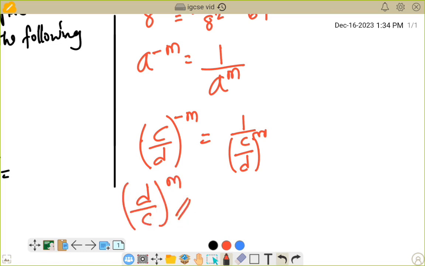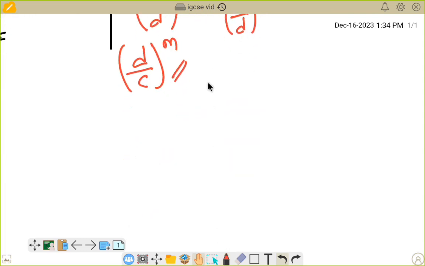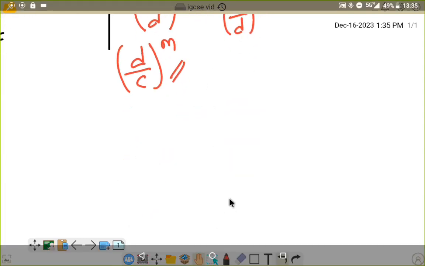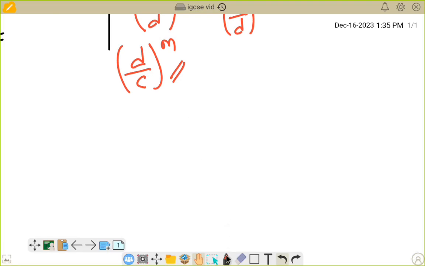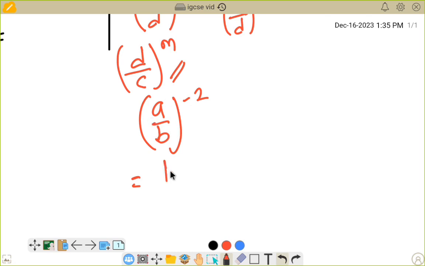So you just flip the terms, you flip the numerator and denominator upside down, and you have your normal expression. And lastly, a over b raised to the power minus 2 is the same thing as b over a. Just flip this upside down. That will be b over a, then write in your 2.